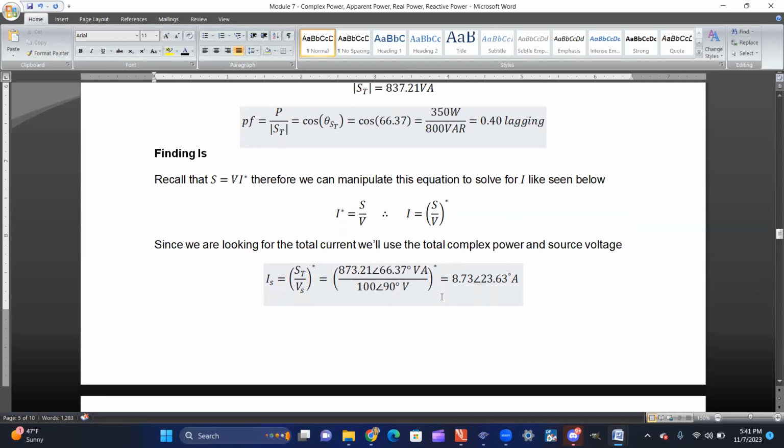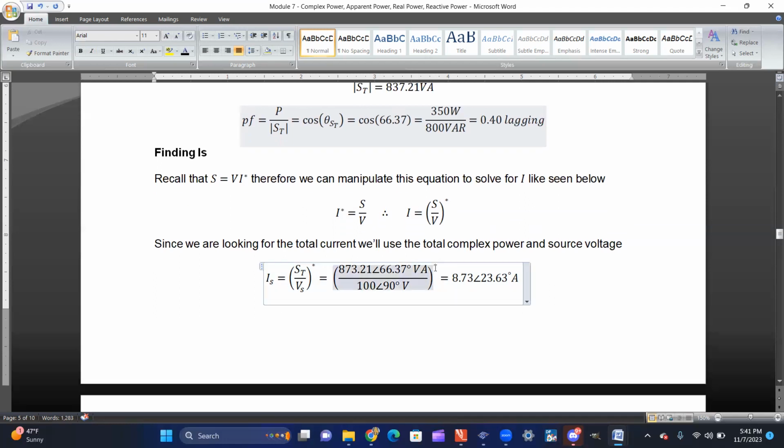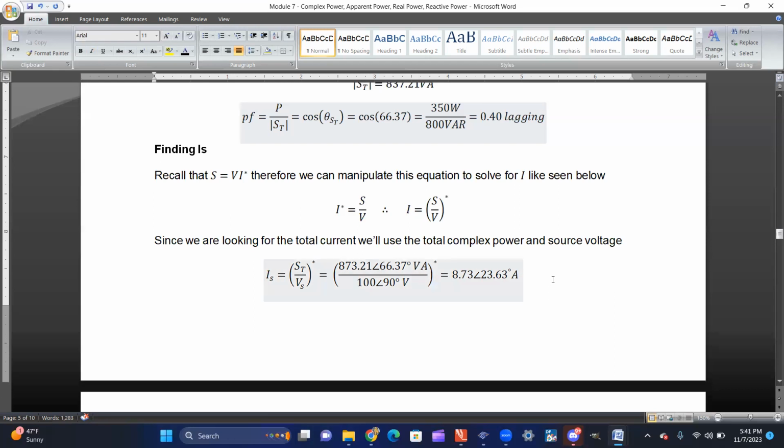And don't forget to take the conjugate. That's one thing a lot of people forget to do. Take that conjugate, which is simply reversing the angle. And so you get 8.73 at an angle of 23.63 degrees amps.